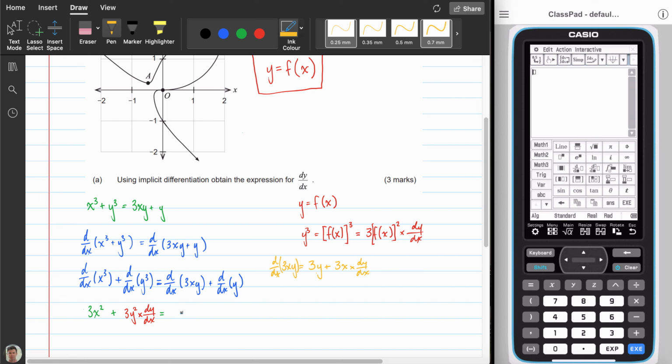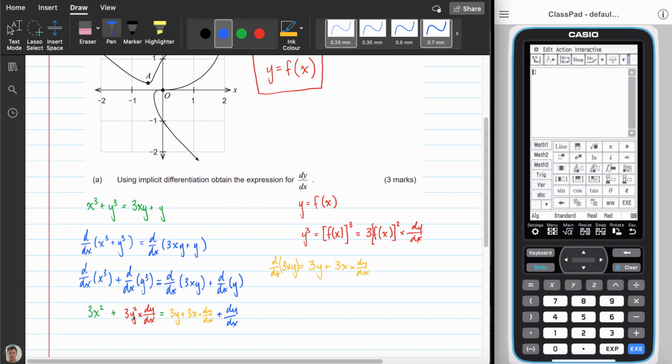So let's stick that in here. We have 3y plus 3x times dy dx. And then the last one is the derivative of y with respect to x, which is simply dy dx.